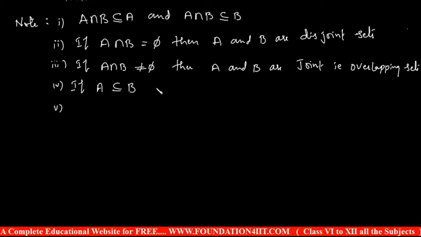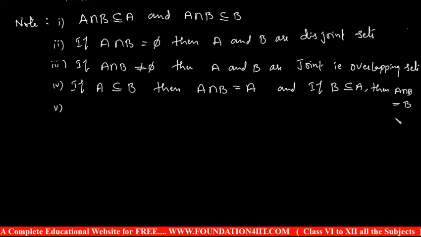Then A intersection B, because only common elements are taken, gives you A, because all the elements of A are in B. Therefore A intersection B is A. And if B is a subset of A, then A intersection B is equal to B.